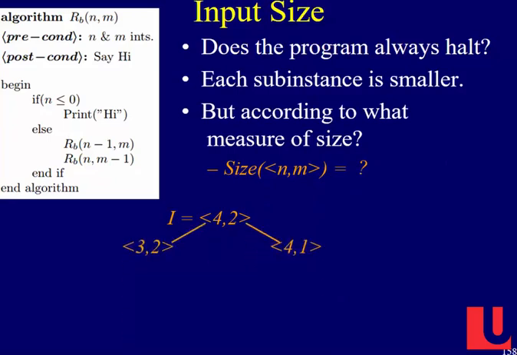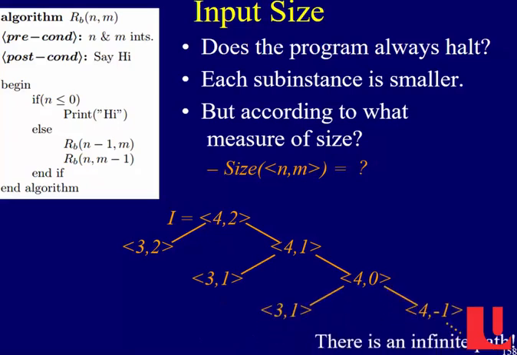Here we have two friends, and here we have two friends, and here we have two friends. You might think, well, some of these paths end, right? In this path, here's go left and here's go right.